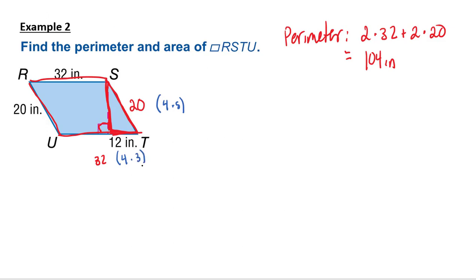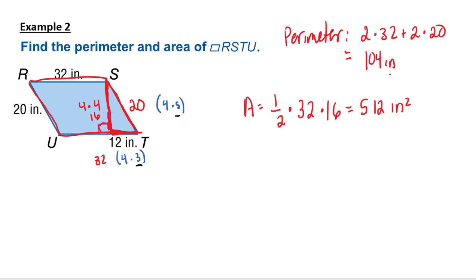So I have parts of a 3, 4, 5 right triangle, a Pythagorean triple. So this height is going to be 4 times 4, from the 3, 4, 5 triangle, or 16 inches. So my area is base, which is 32, times my height, which is 16. And so that area is 512 square inches.